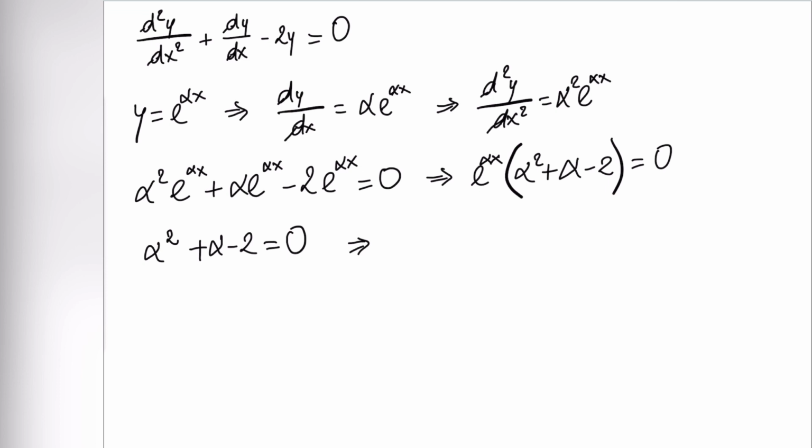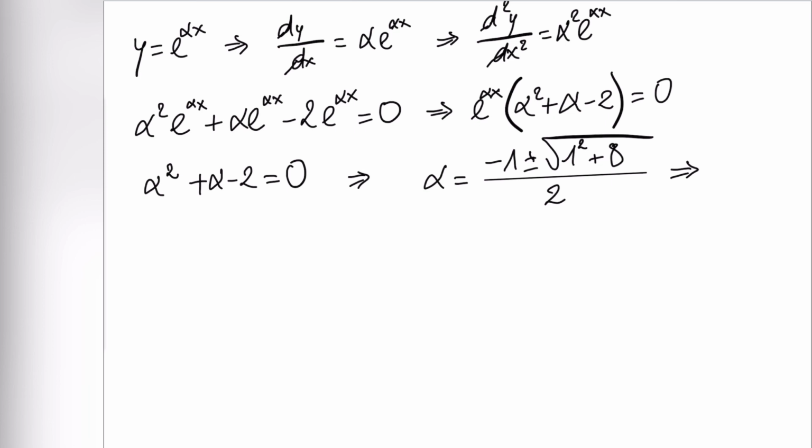So now this implies that alpha, if we use the quadratic formula, is equal to minus 1, which is the coefficient of this, plus or minus the square root of 1 squared minus 4 times this times 1, so plus 4 times 2, which is 8, over 2.